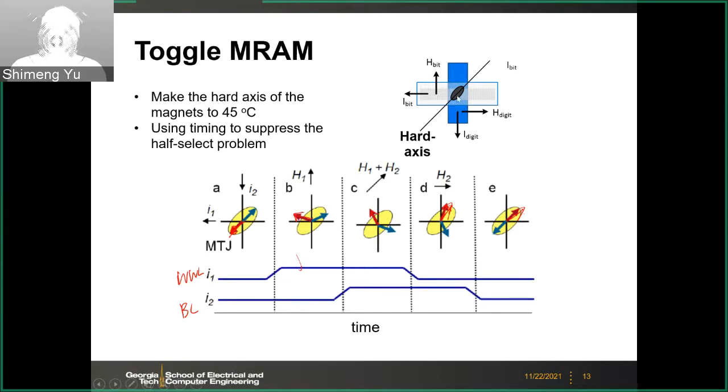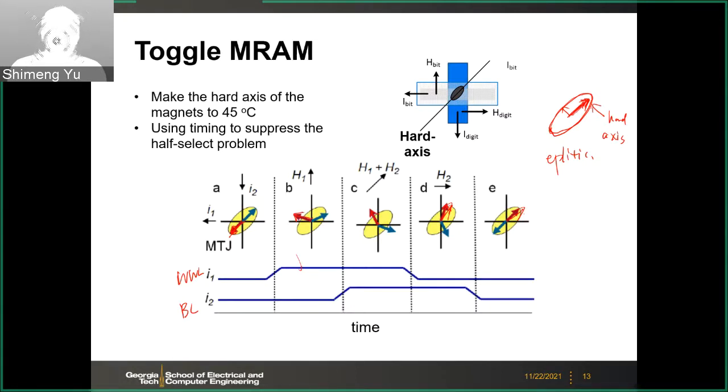So this is the concept of the toggle MRAM, and the toggle MRAM hard axis. There is a concept of hard axis and easy axis. For the magnet, let's say you have an elliptical shape. Your magnet will have this so-called hard axis and easy axis. The hard axis is where it's more difficult, hard to flip.